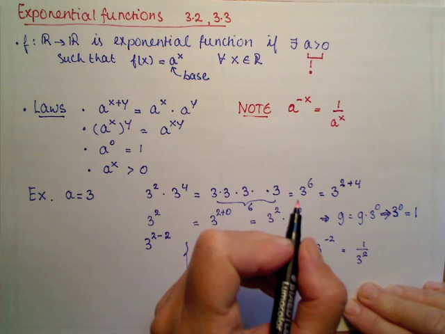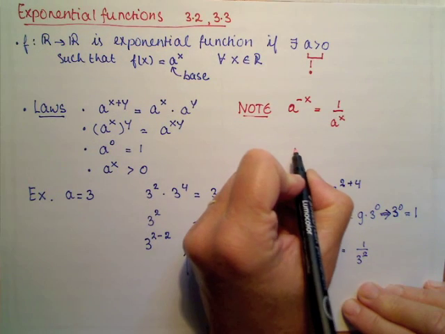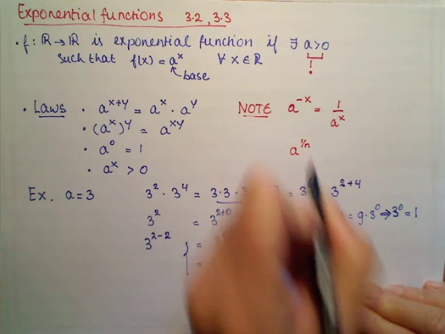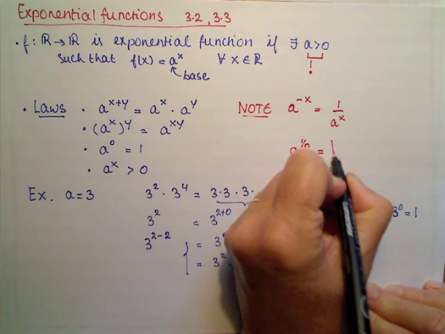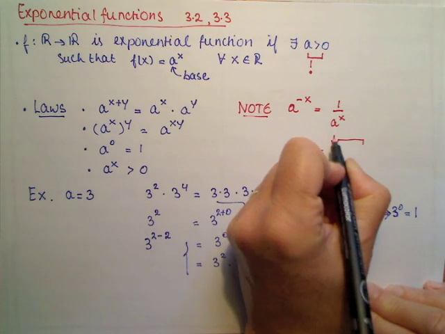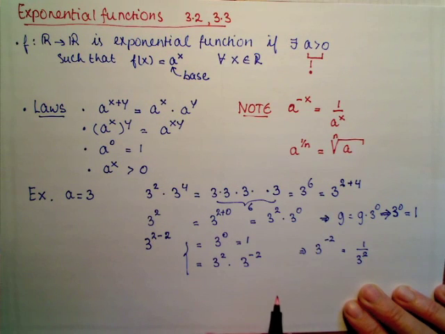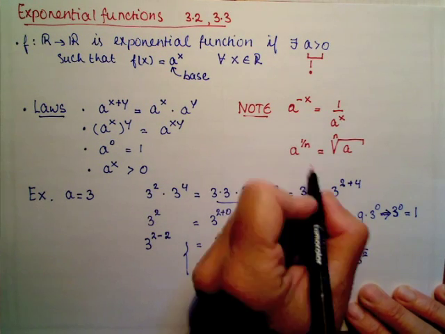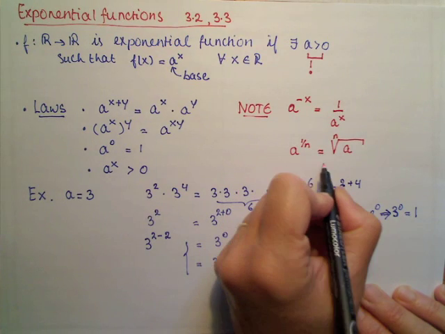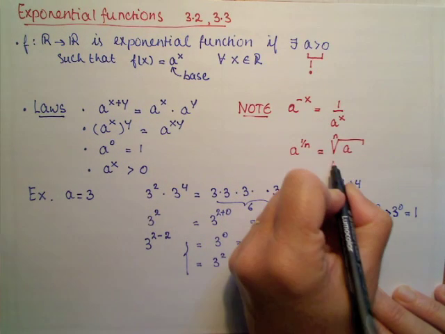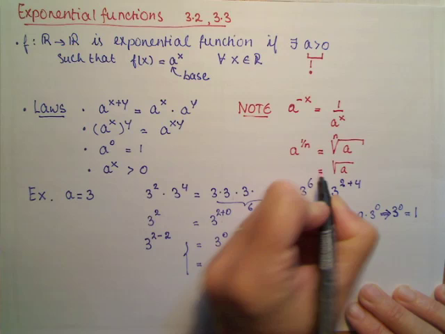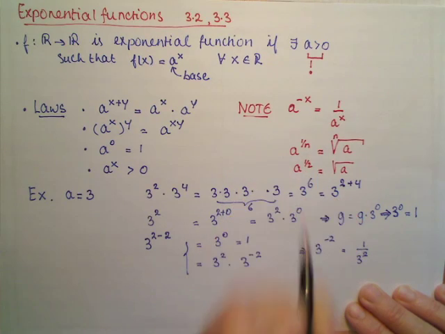And another one: if we raise a to the power 1 over n, then we can also write this as the nth root of a. The most familiar one to you is when we take the square root of a. This is equal to a to the power 1/2.